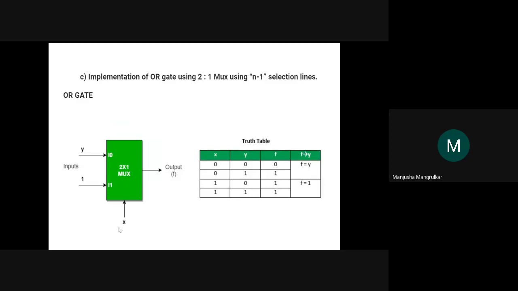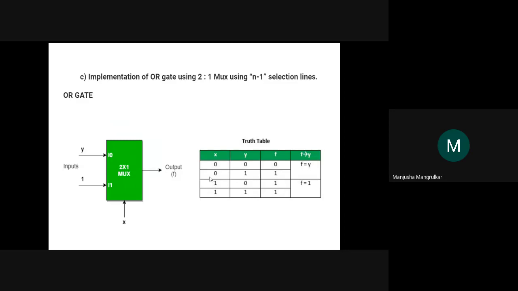If my selector is 0, which signals will be selected? Only this 0 signal will be selected. So here my y will represent it, right? We know the truth table: 0 0, 0 1, 1 0, 1 1. When both signals are 0, the output is 0; if any one signal is 1, my output is 1.